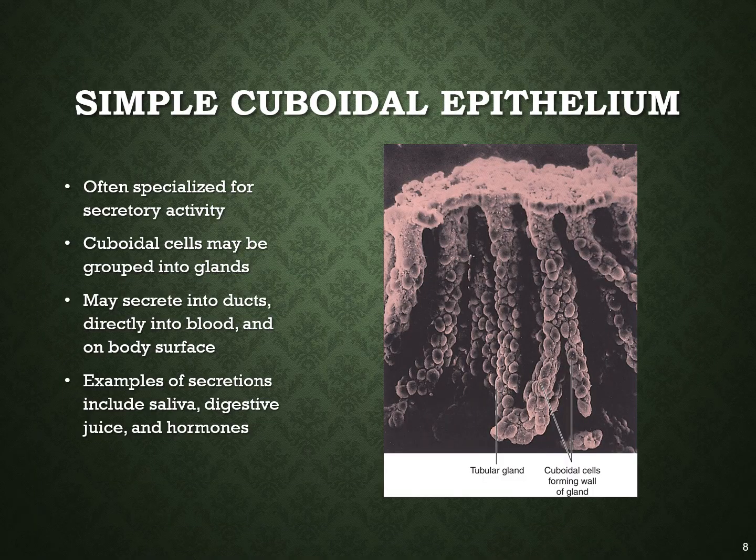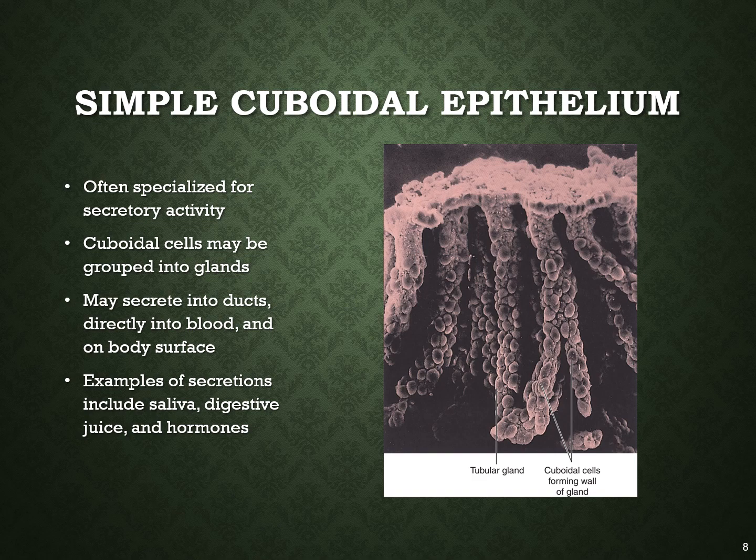Cuboidal epithelium gets its name from the shape of the cell. The shape of the cell is cube-like, meaning it's about as wide as it is tall. Now, cuboidal epithelium, both simple and stratified, make up the tubes or ducts of our secretory glands, like our endocrine glands and exocrine glands. So their job is to create pathways where different fluids can be excreted.